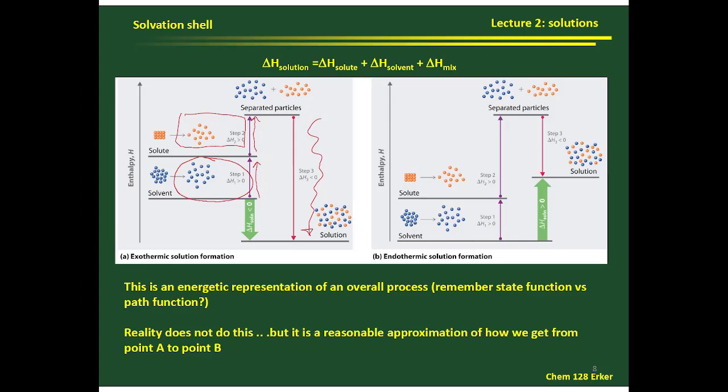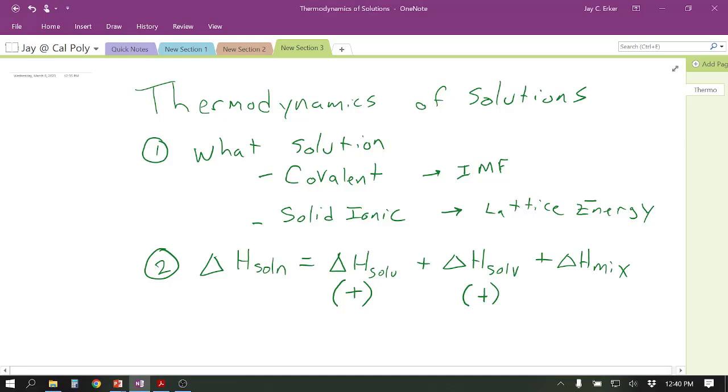Now, we know that third step is always going to be exothermic, but you can notice with these two pictures on either side, we don't know if it's going to be more exothermic than our endothermic steps. Generically, we can't say. When we start looking at specific cases, we'll start to see that there are times when we can specify what's going on. So we always know this delta H of mix is negative.